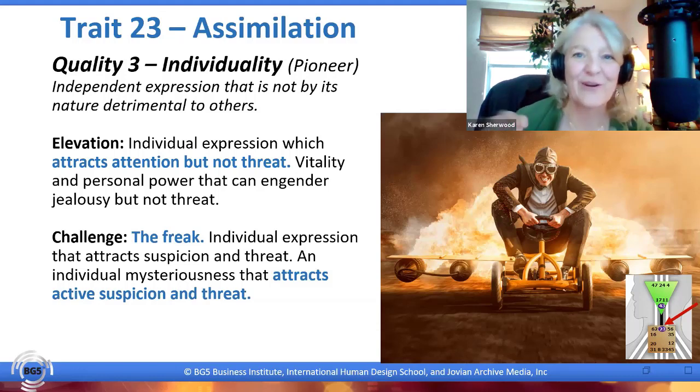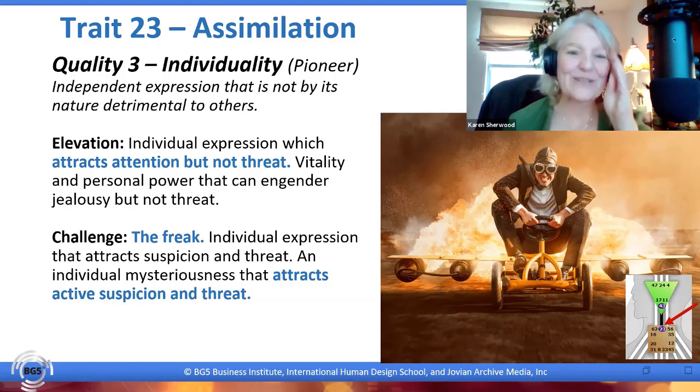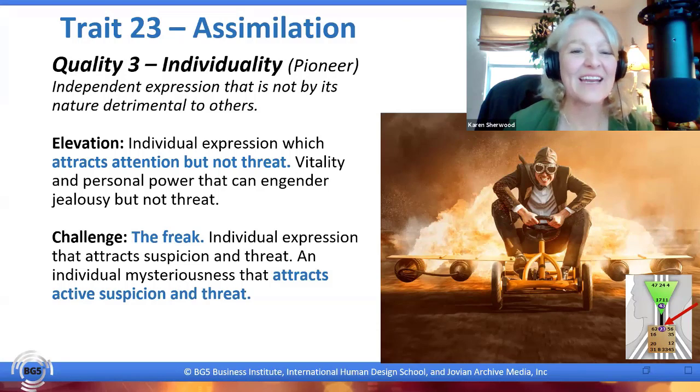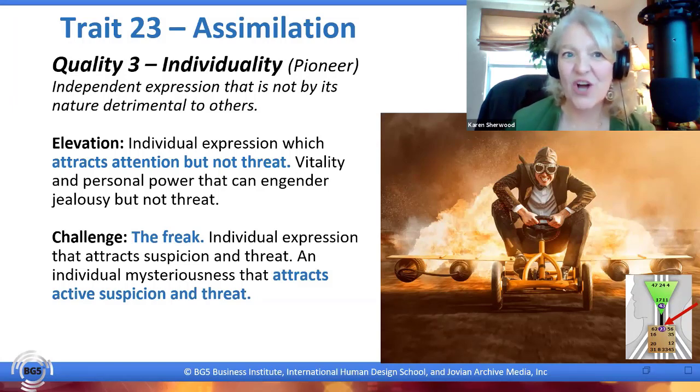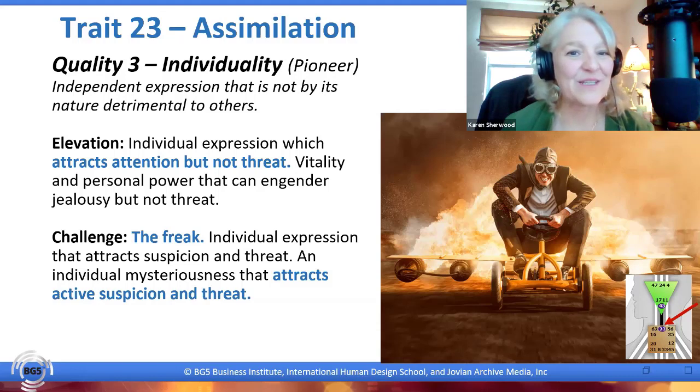You see all the fire shooting out from the back, right? So it could be a threat as well. And so again, it is that expression. This is really, in a sense, that genius to freak, where the individual expression is not a threat, or again, that individual expression which could potentially bring attention to itself and be a threat.